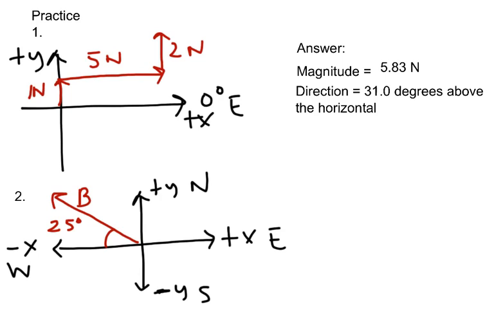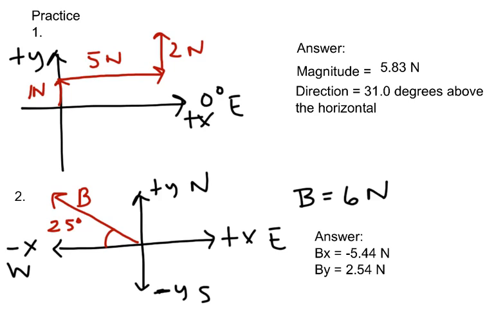We can read this as 25 degrees north of west. Let's give B a value of 6 newtons. What I would like you to do is to resolve this vector B into components. And here's your answer. B sub x is equal to negative 5.44 newtons. Notice that negative there. And B sub y is equal to 2.54 newtons. Good luck.